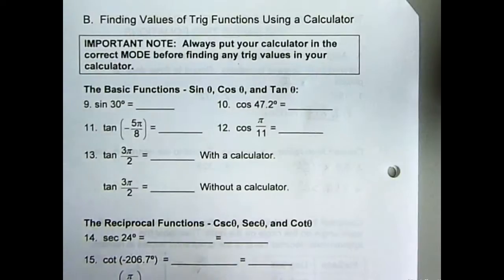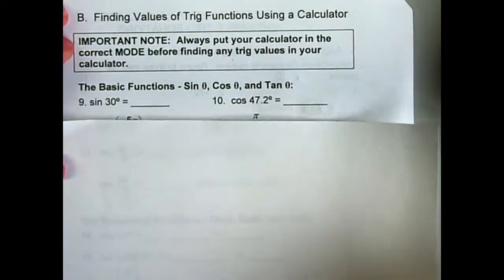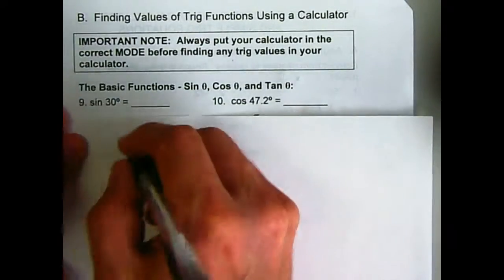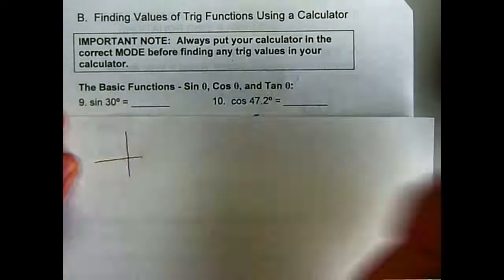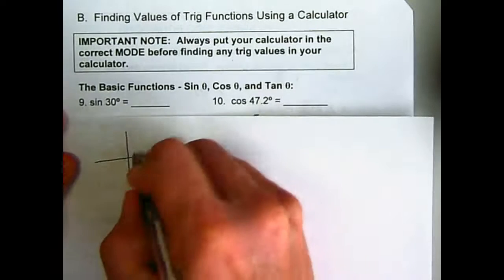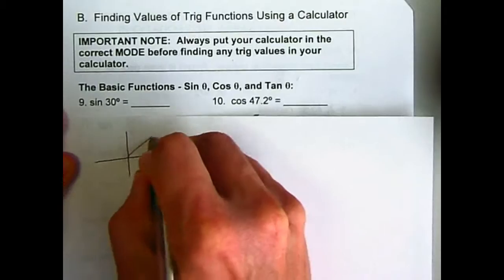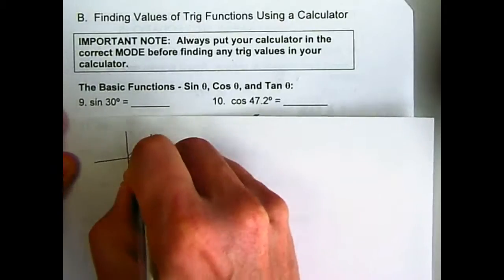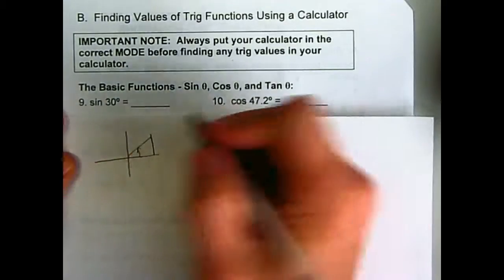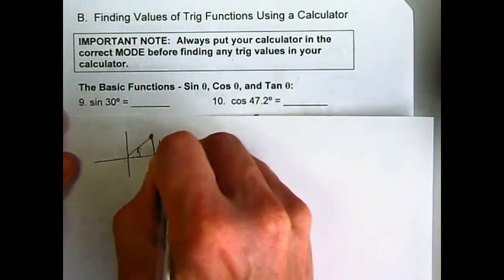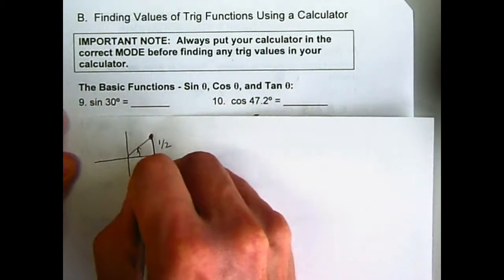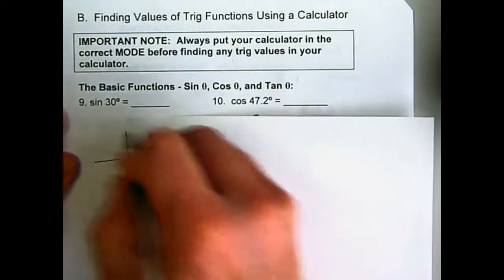Okay, so let's start with an easy one here. Sine of 30, this is something that we should already know. We don't need a calculator to do this, but just take a look at what's going on here. So if I've got sine of 30, my 30-degree angle is here, and that means that I'm going to have this side as a half, this side is root 3 over 2, and this is 1.